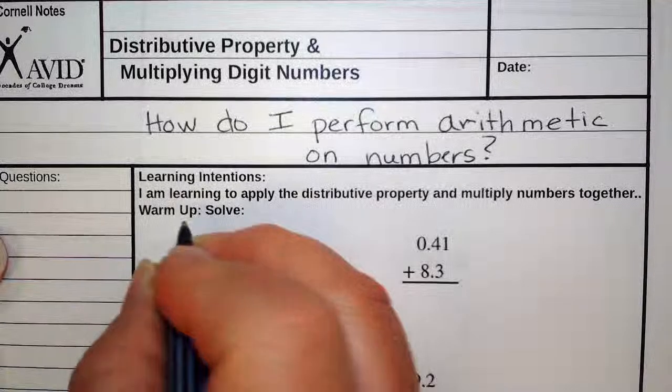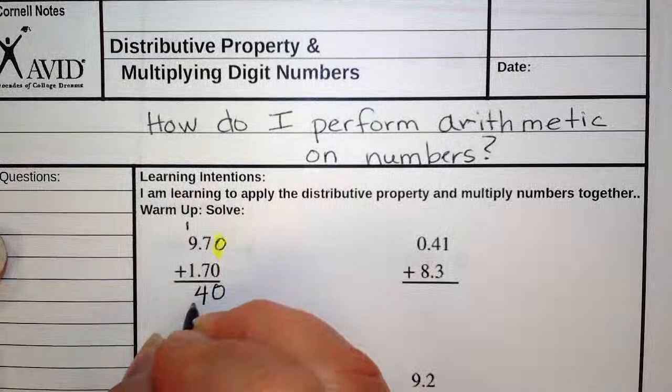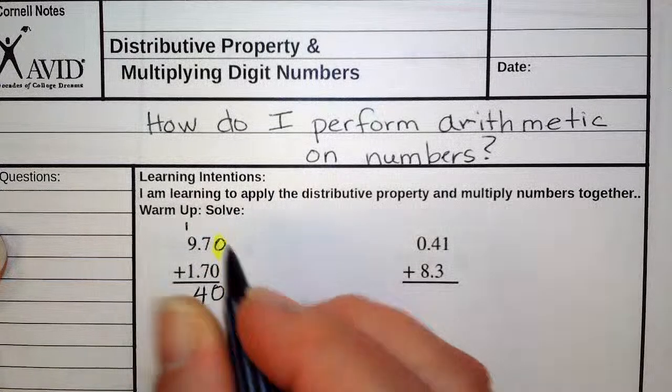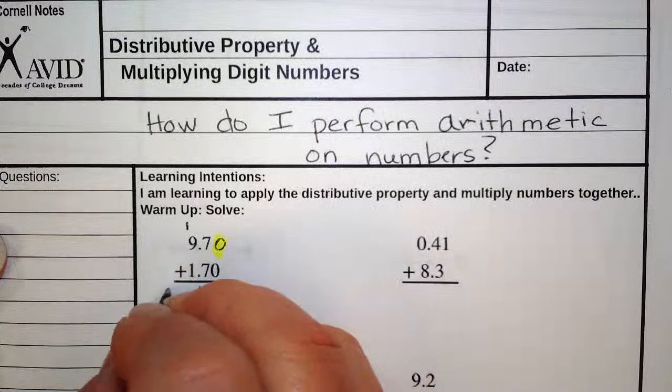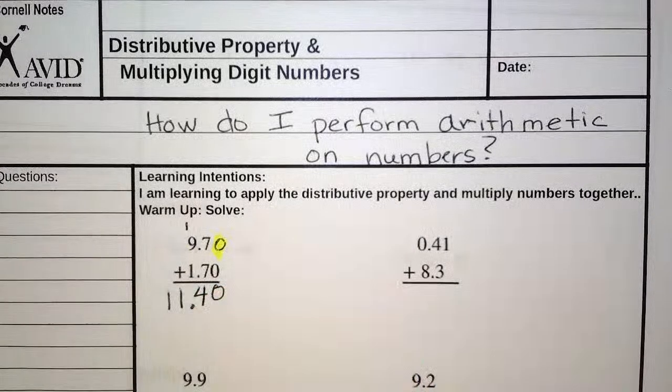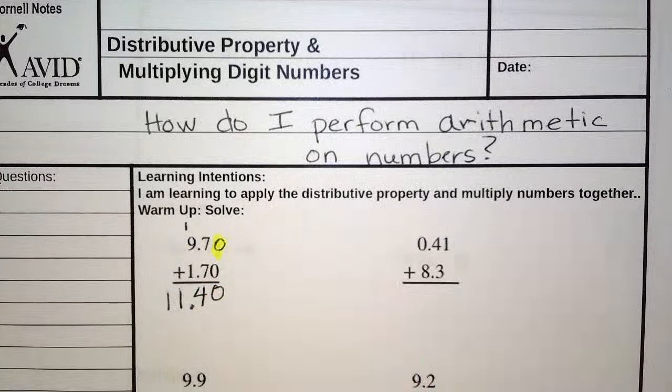I put the 4 down, I carry that 1. Here's my decimal. 1 plus 9 is 10. 10 plus 1 is 11. So 9 and 7/10 plus 1 and 70 hundredths is 11 and 40 hundredths.